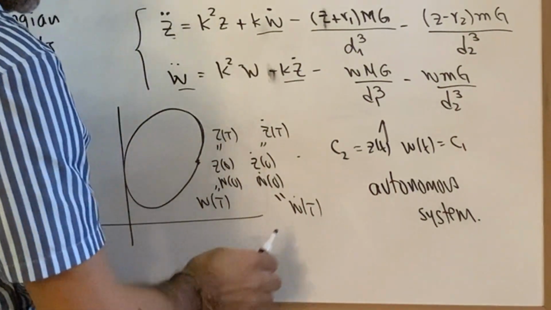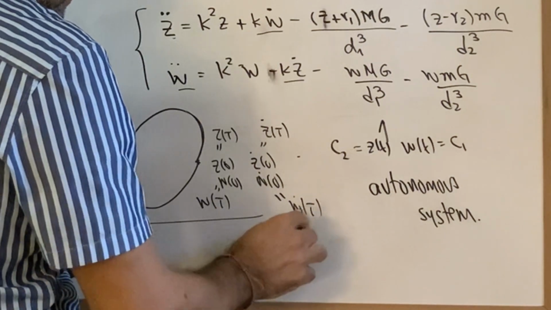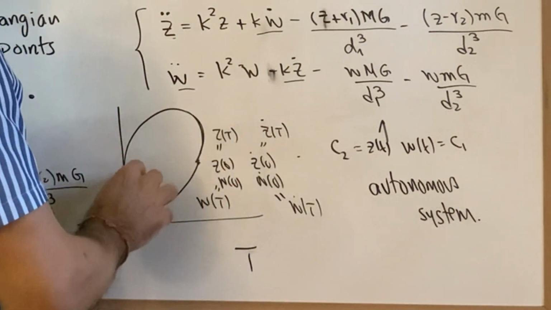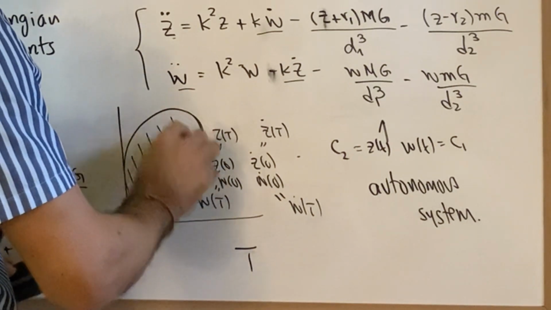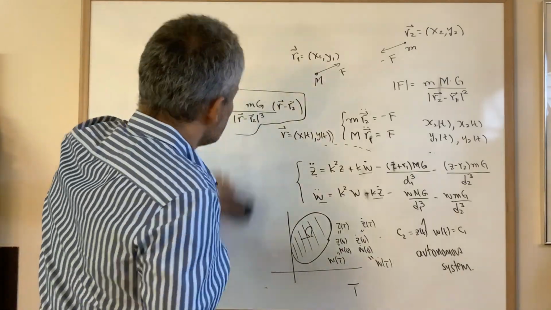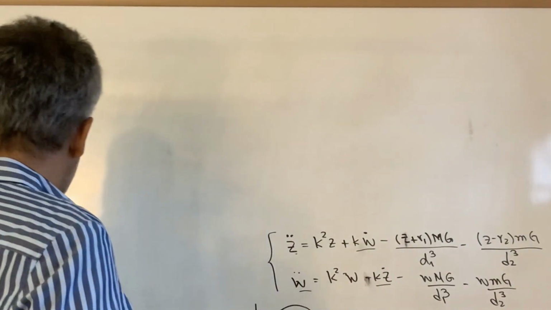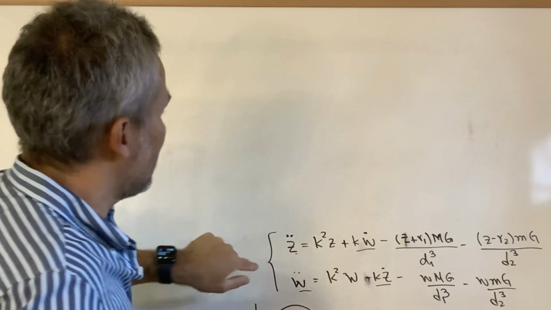Okay, then let's continue with the differential equation. We are going to find a relation between the period of a periodic orbit and this region here, omega. Okay, let me rewrite this differential equation.